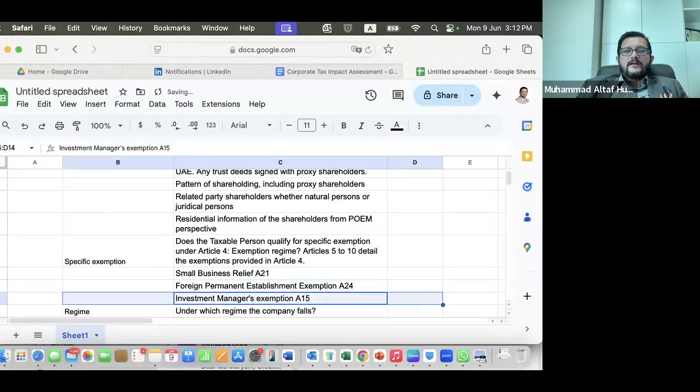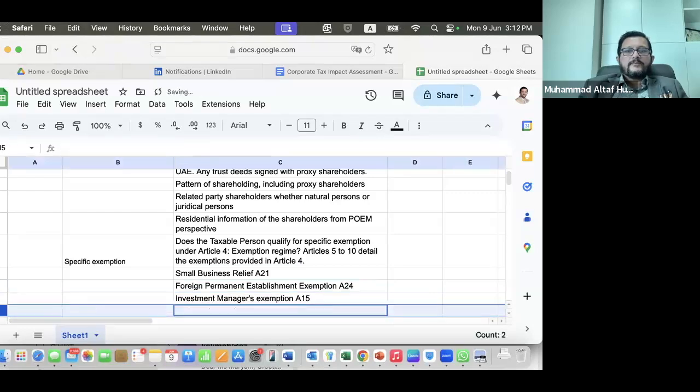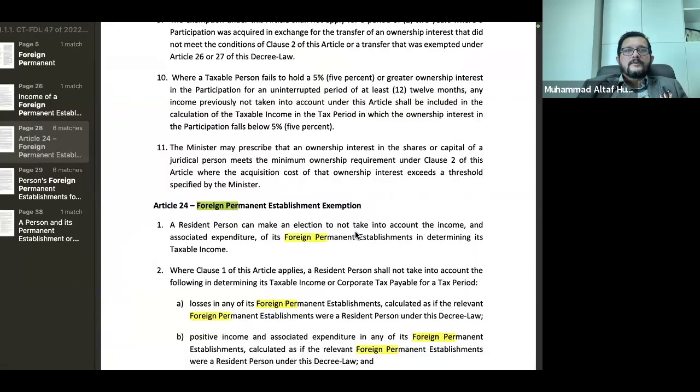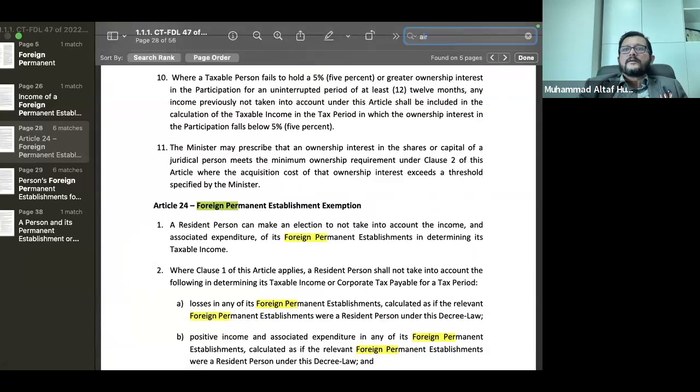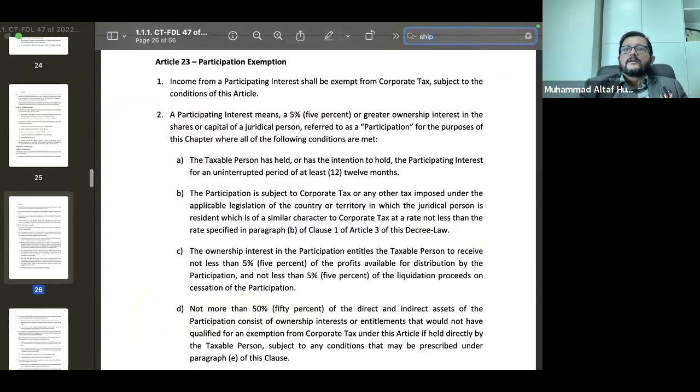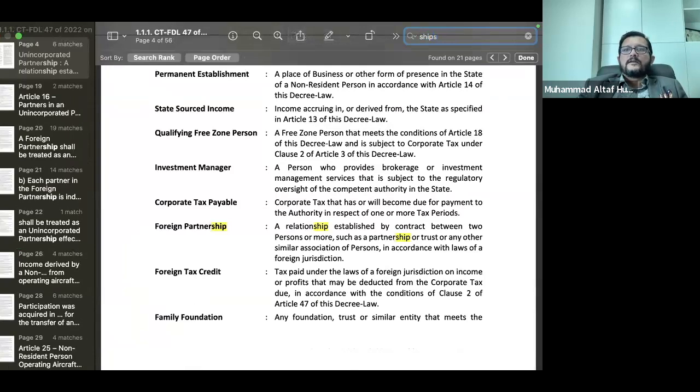One more exemption that might be hidden from the eyes is the reciprocal exemption of international transportation. So aircraft and all. Maybe I think 40 something.